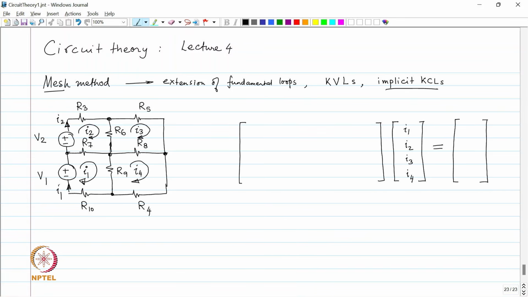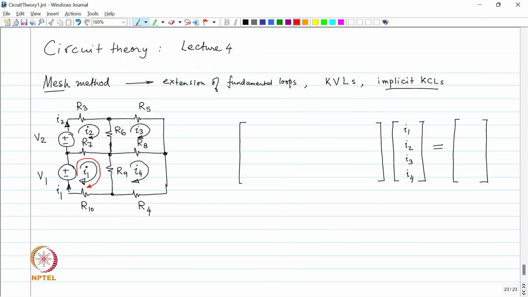So, we start with the voltage source V1. Which loop am I working with? This is the one I am working with. And I am going to start first with V1. What is the drop? Minus V1 is the drop. It is a raise of V1, so it is not a drop, it is a drop of minus V1.